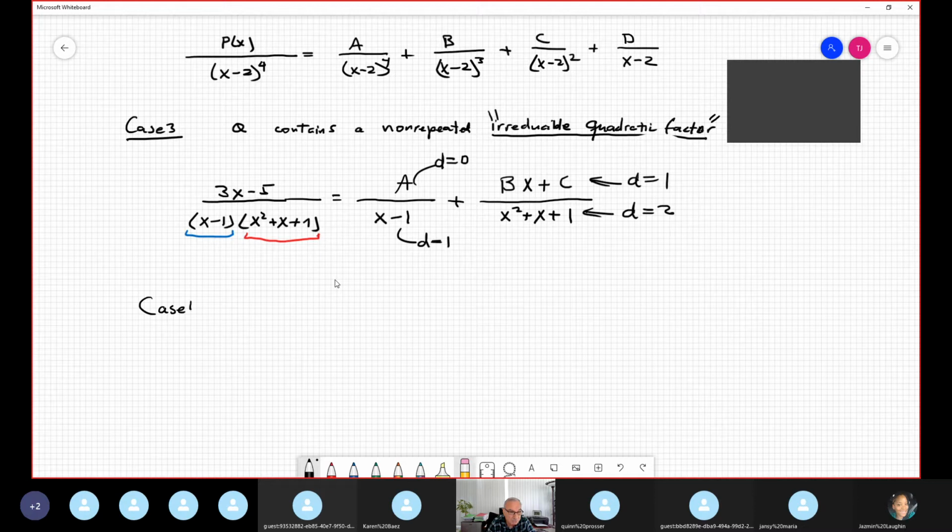So we have now, in this case 4, a repeated irreducible quadratic factor. So we have Q, the polynomial at the bottom, contains a repeated irreducible quadratic factor.